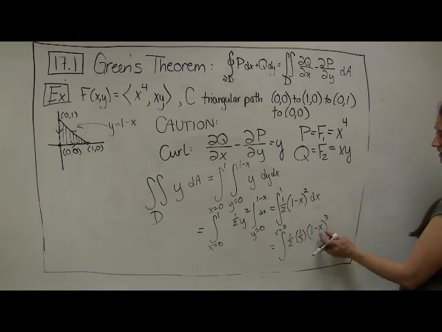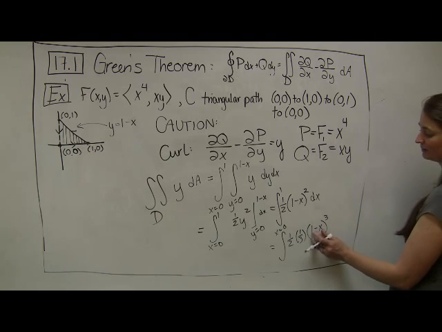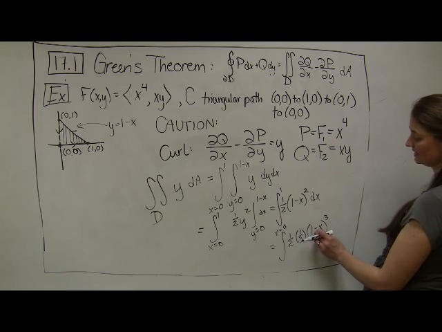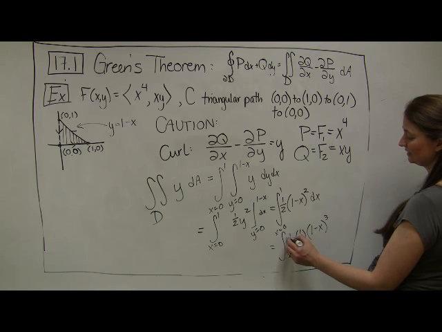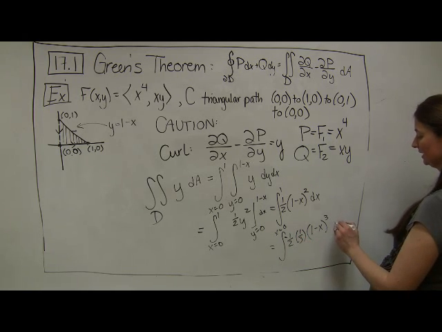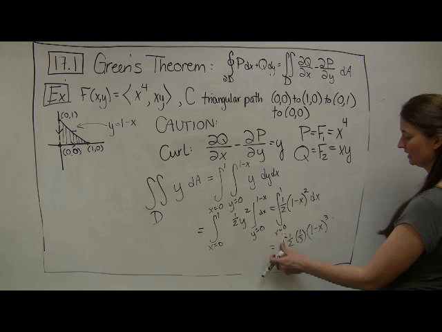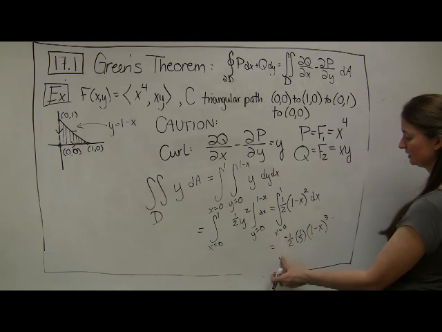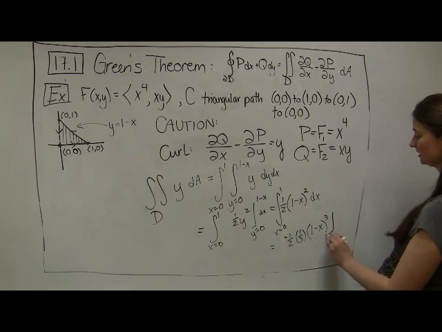But in order to do that, I have the fact that my u substitution must have had a negative, so I need to add a negative somewhere in here. Whoops. So I've taken this integral, and now I need to evaluate it from x equals 0 to 1.